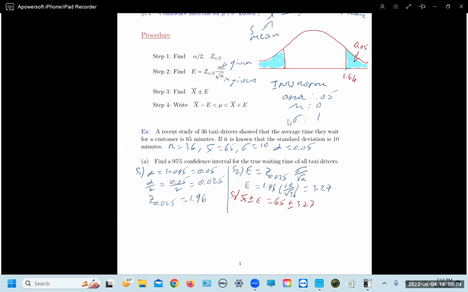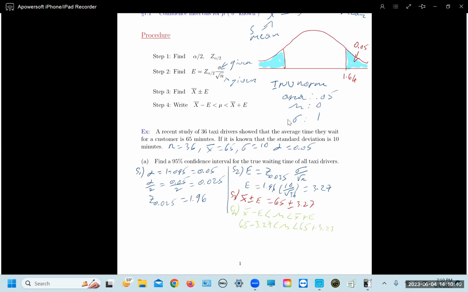So we have step 4. X bar minus E less than mu less than X bar plus E. So this one is 65 minus 3.27 less than mu, less than 65 plus 3.27.